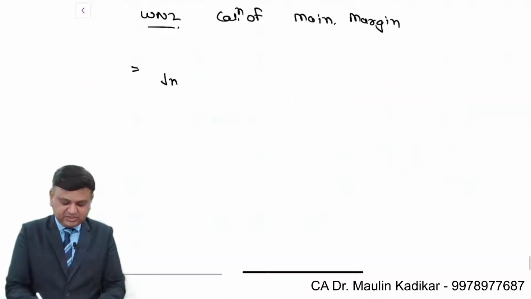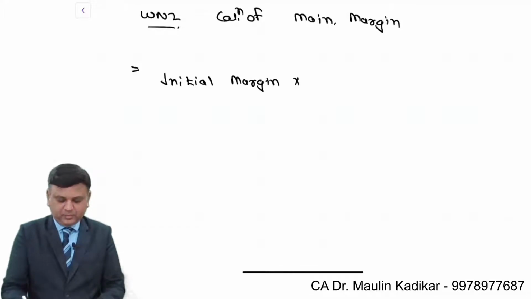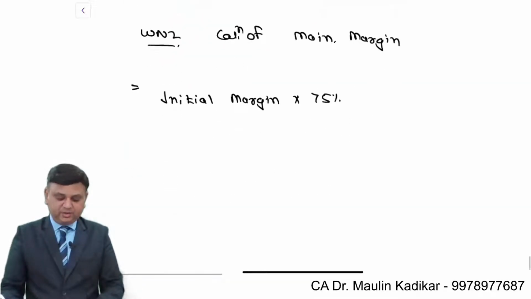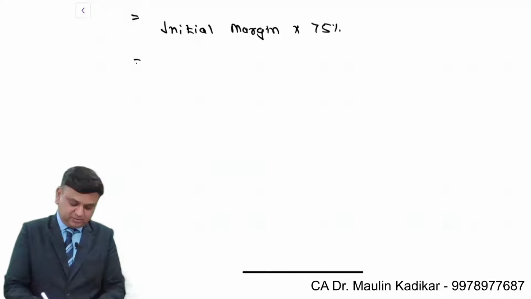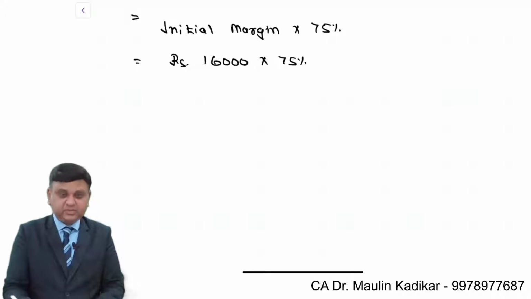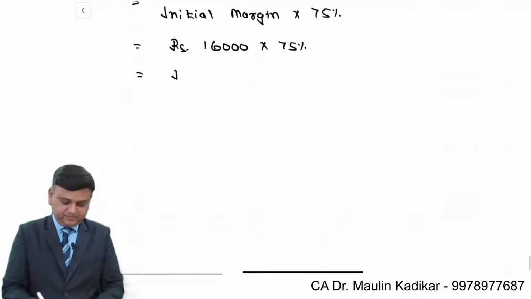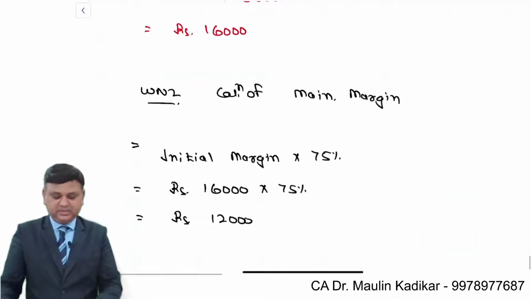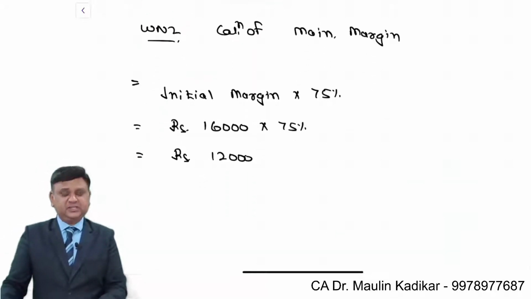So it is initial margin into 75 percentage. The amount of initial margin is 16,000 into 75 percentage. That comes to rupees 12,000. That is the way the maintenance margin is calculated.